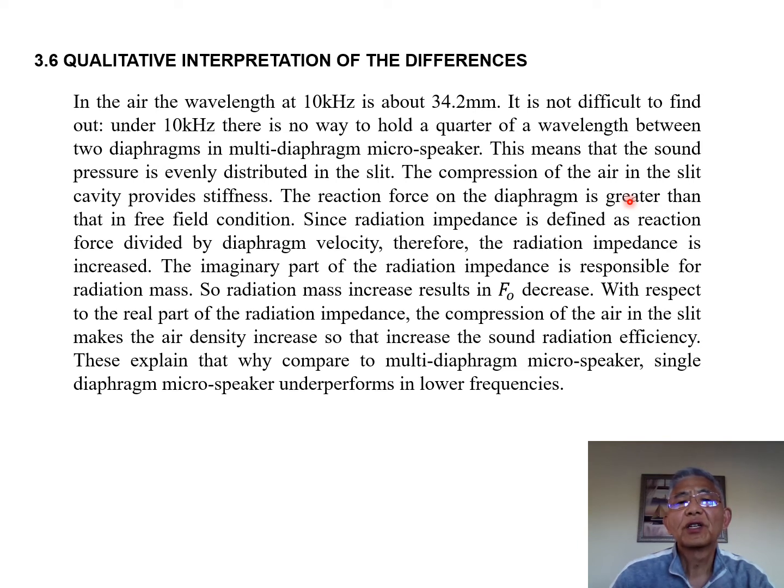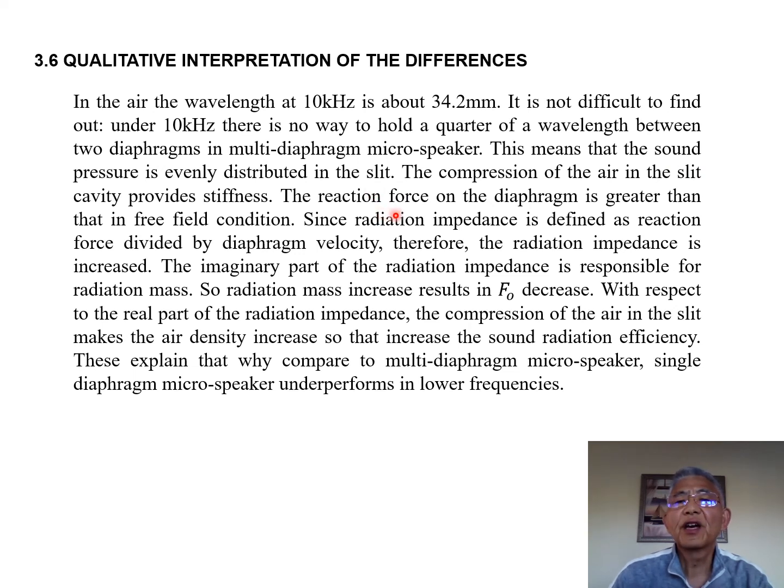So actually, the two diaphragm distance is about 1 to 2 millimeters. This means that the sound pressure is evenly distributed in the slit.